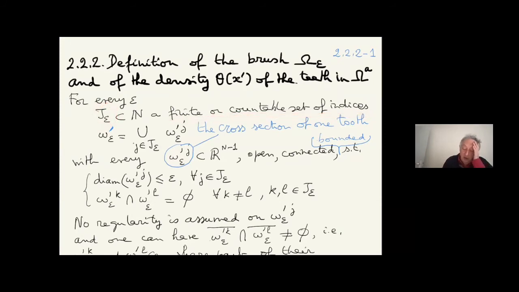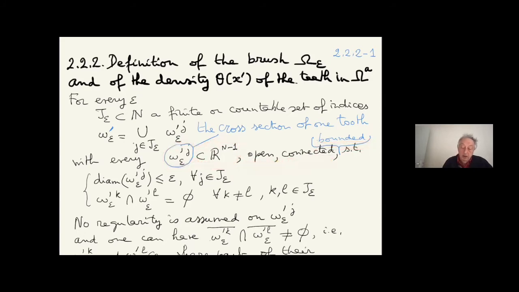Okay, each cross-section here is a subset of R^(n-1), which is open, connected, and bounded. The cross-sections are not smooth, absolutely no hypothesis of smoothness except open, connected, and bounded.